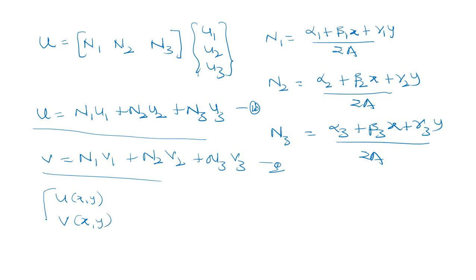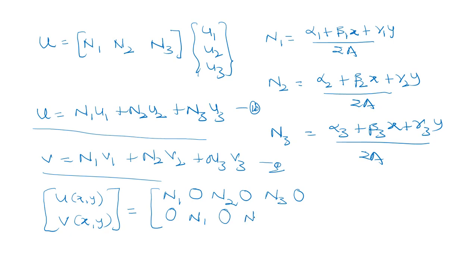This is the displacement vector, the u, v components, is equal to N1 0 N2 0 N3 0, similarly 0 N1 0 N2 0 N3, multiplied with the displacement vector u1 v1 u2 v2 u3 v3.